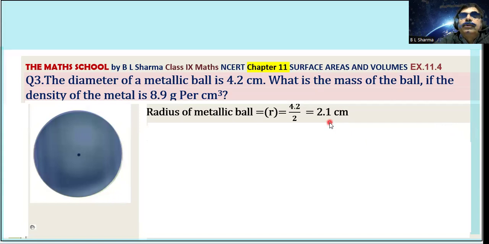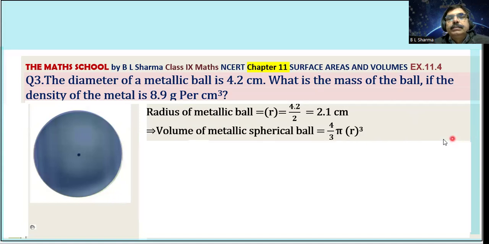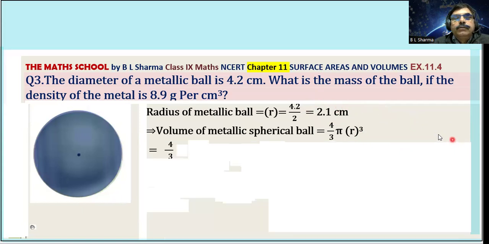Now we have to calculate its volume. So volume of a sphere is given by 4 upon 3 pi into radius power 3. Here radius is given 2.1 centimeter. So 4/3 as it is, in place of pi, replace pi by 22/7.